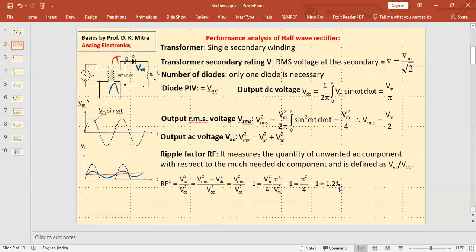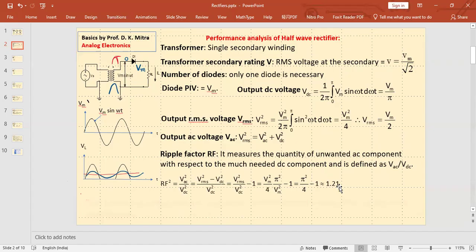So this is a very, very poor quality of rectifier. The AC voltage to DC voltage ratio is 1.21. That means the AC voltage content is 1.21 times the DC voltage content, that means 121%.